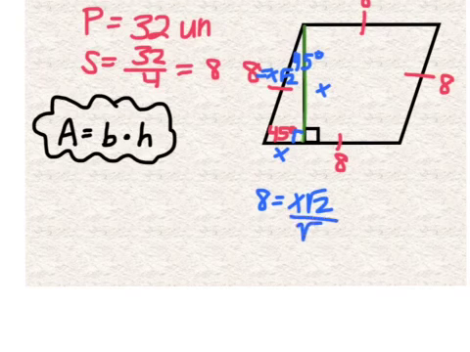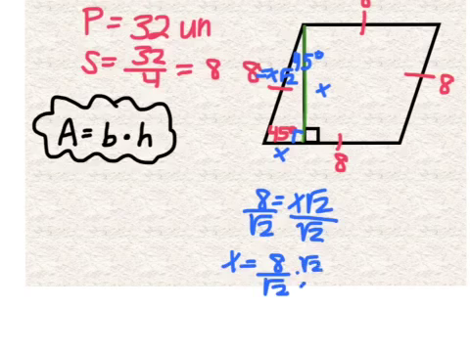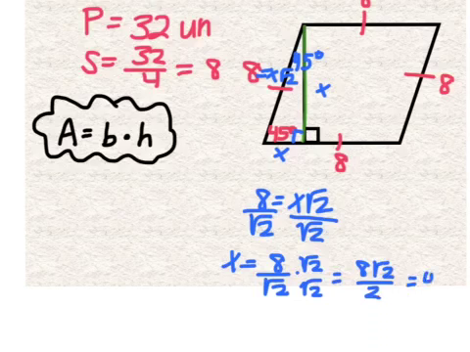Divide by root 2. X equals 8 over root 2. I now need to rationalize by multiplying the numerator and the denominator by root 2. So 8 root 2 divided by 2, or 4 root 2. That means my height here is 4 root 2.